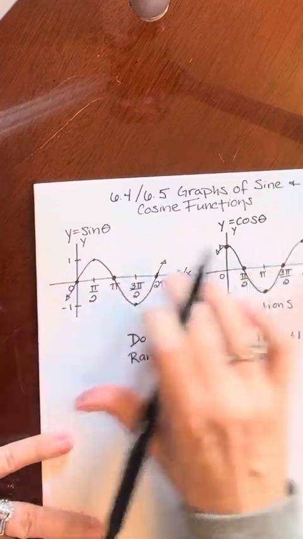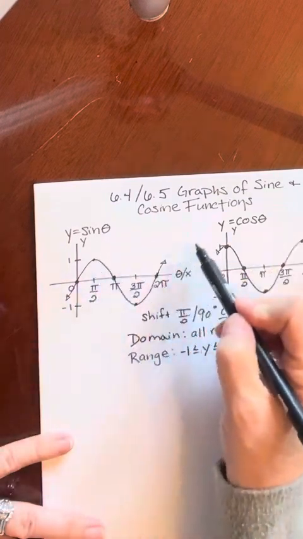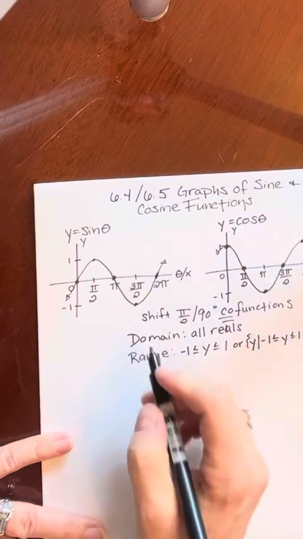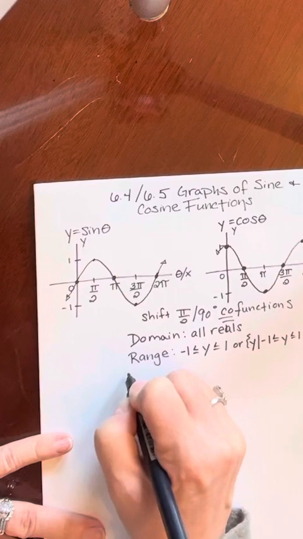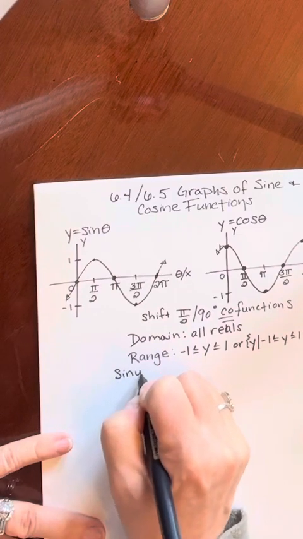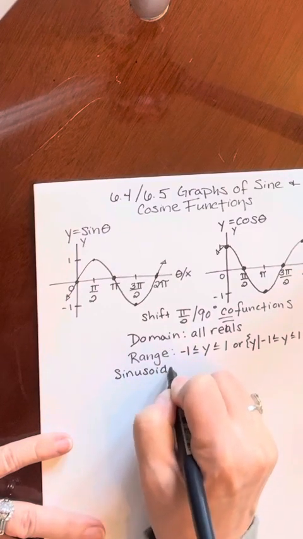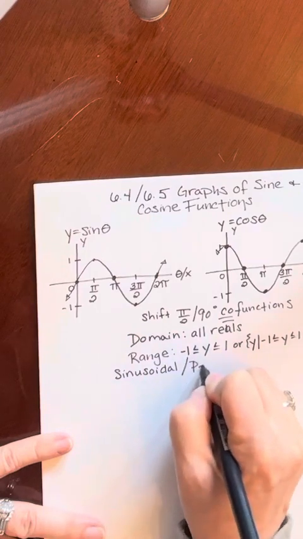These also have something in common in that they go on forever and ever, and they just keep doing the wave. So we talked about that behavior is called sinusoidal or periodic behavior.